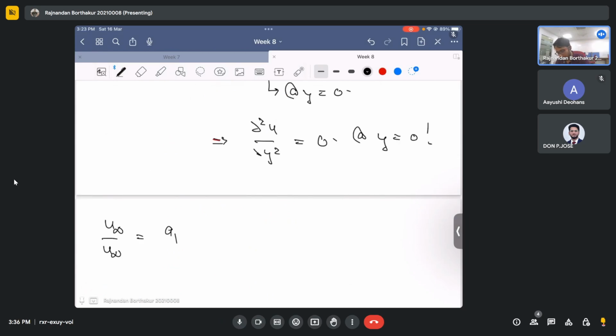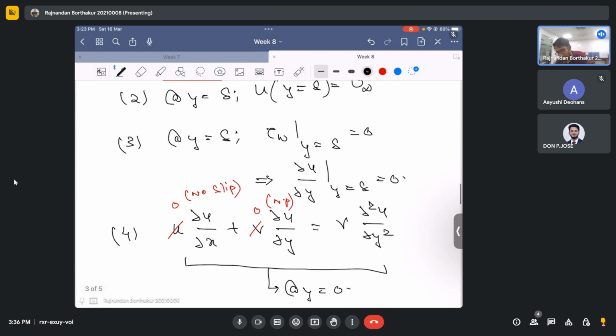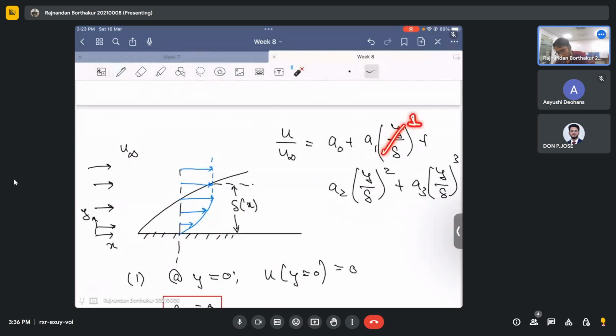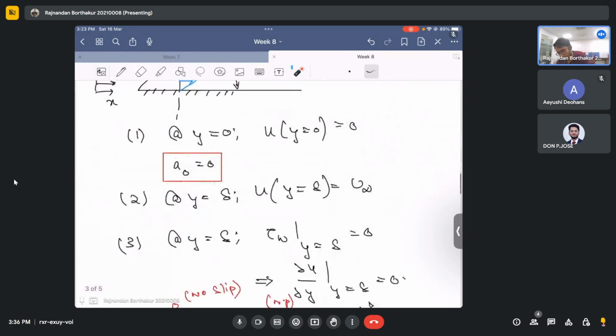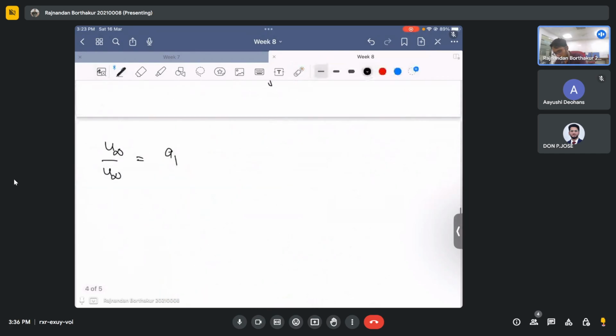We are evaluating at y equal to delta, which means this term would be 1. This term would be a2, and this would be a3. So we have a1 plus a2 plus a3, if I'm not wrong. This is the second condition.